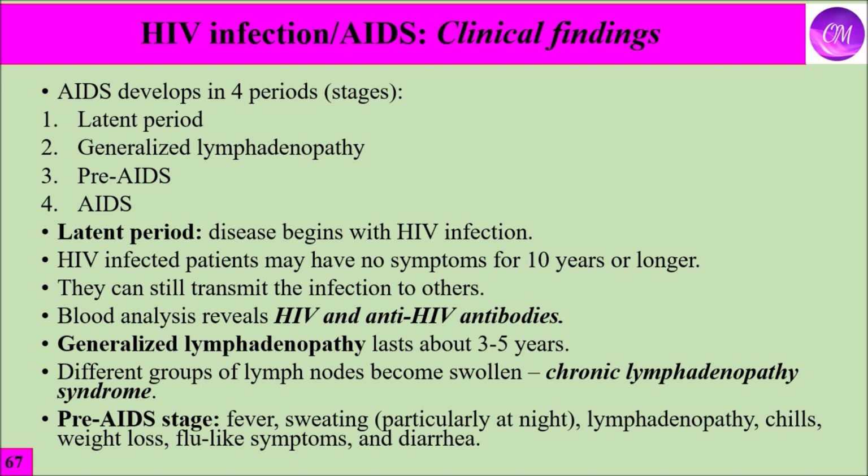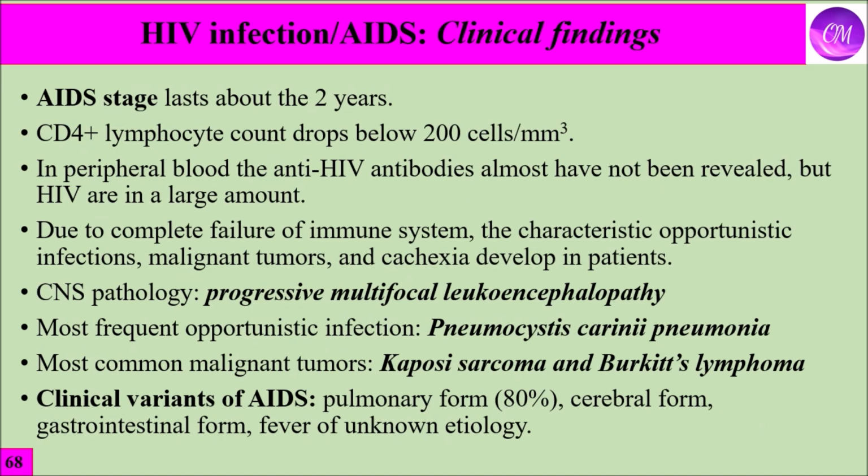Chronic lymphadenopathy syndrome. Pre-AIDS stage: fever, sweating, particularly at night, lymphadenopathy, chills, weight loss, flu-like symptoms, and diarrhea are included. And the final stage, the AIDS stage, lasts about 2 years, and the T helper count drops below 200 cells per cubic millimeter. In peripheral blood, the anti-HIV antibodies are almost not revealed, but HIV is present in a large amount.